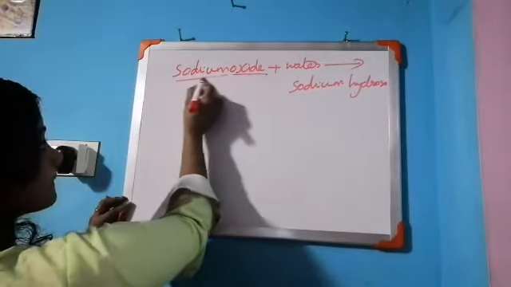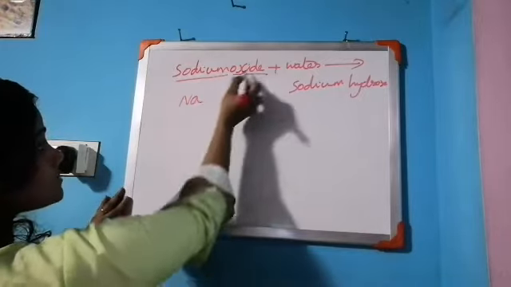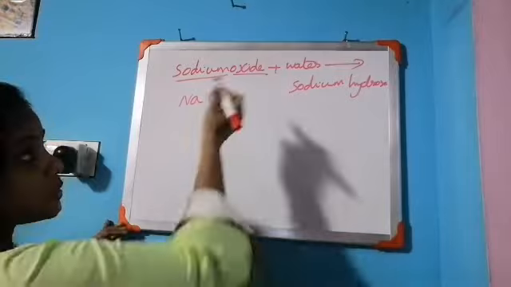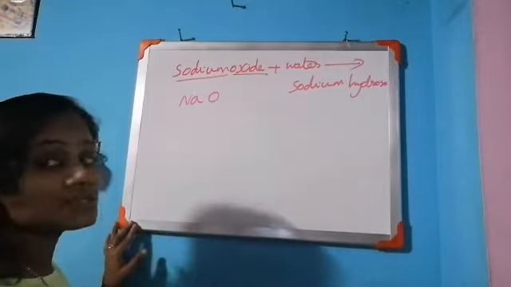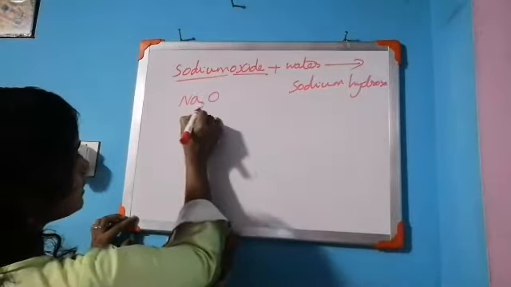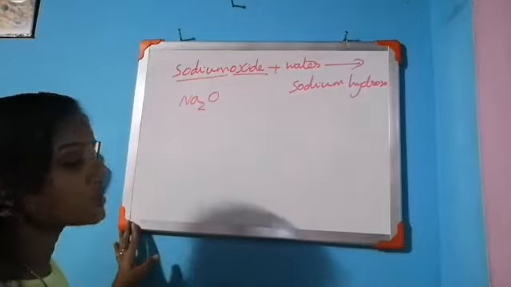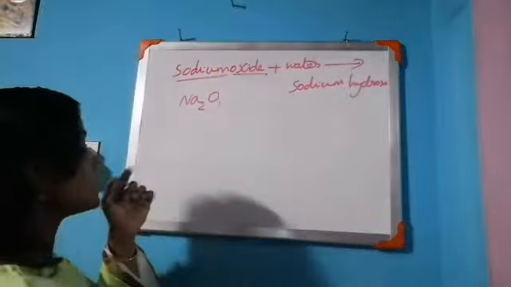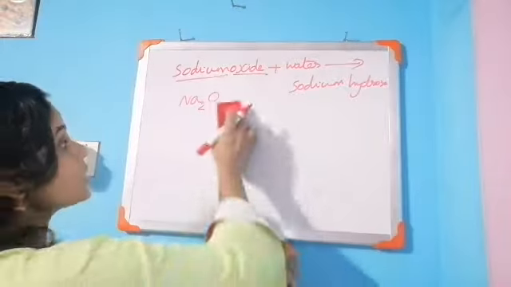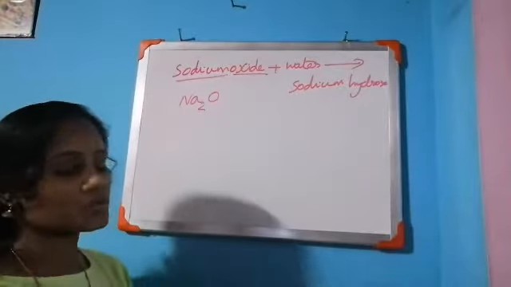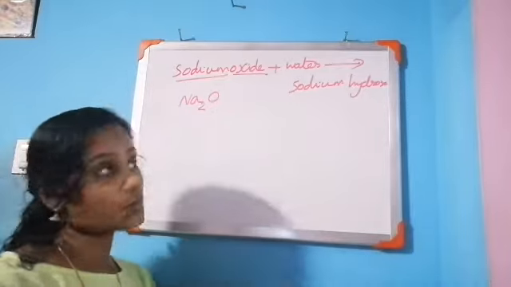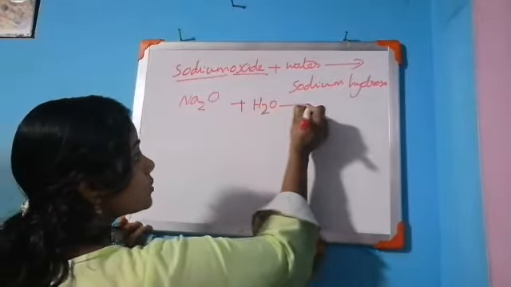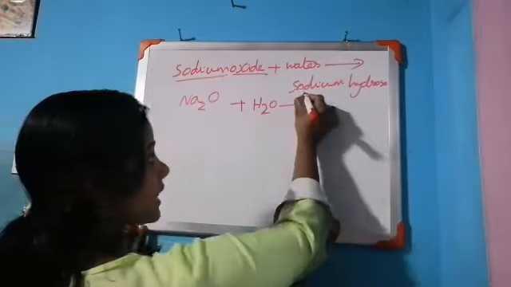Sodium is Na, oxide means oxygen, O. What is the valency of oxygen? 2, which we write as the subscript for sodium. Sodium valency is 1. So the formula of sodium oxide is Na2O, plus water H2O, to form sodium hydroxide.